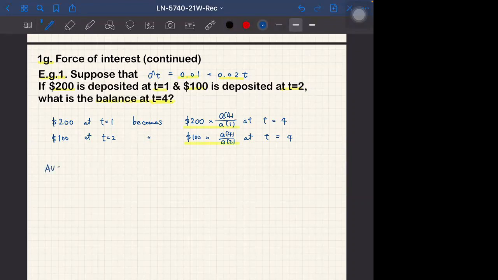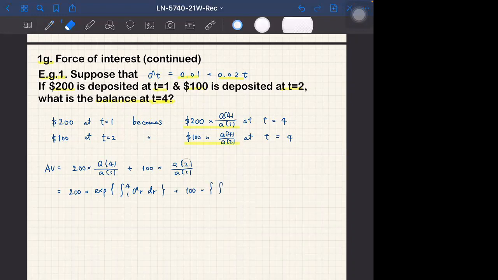The accumulated value is $200 times A4 over A1 plus 100 times A4 over A2. By applying the formula, this is equal to 200 times the exponential of the integral from 1 to 4 of delta r dr, plus 100 times the exponential of the integral from 2 to 4 of delta r dr, where delta r is given here.